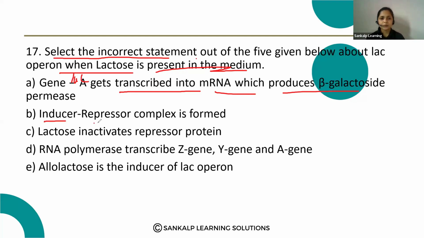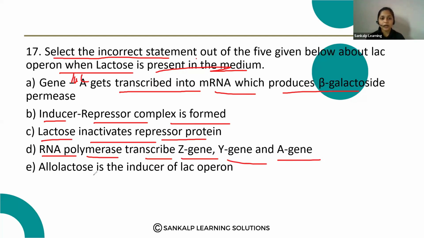Then inducer repressor complex is formed. Lactose inactivates the repressor protein. RNA polymerase transcribes Z gene, Y gene, and A gene. Allolactose is the inducer of the lac operon.